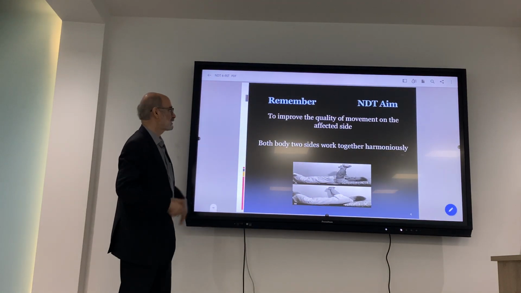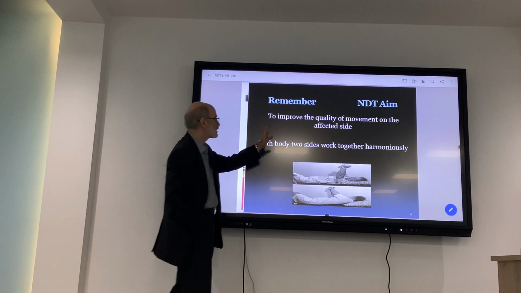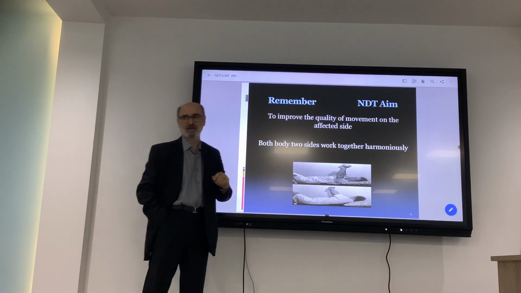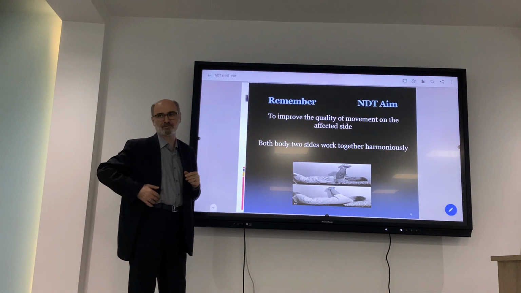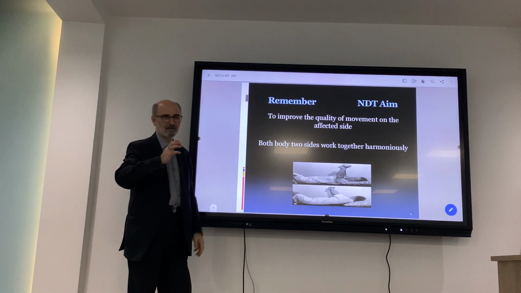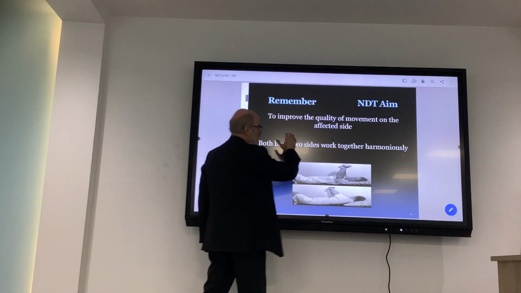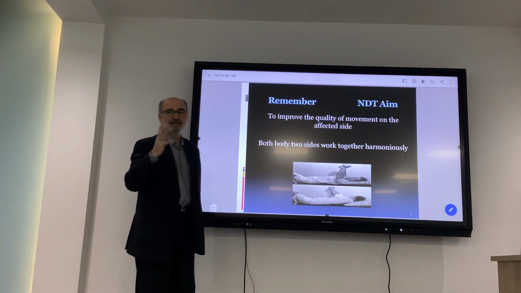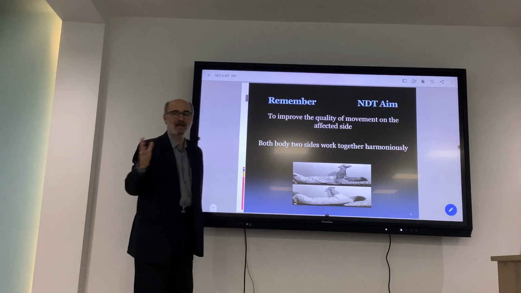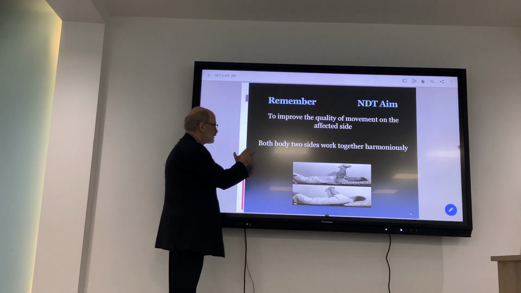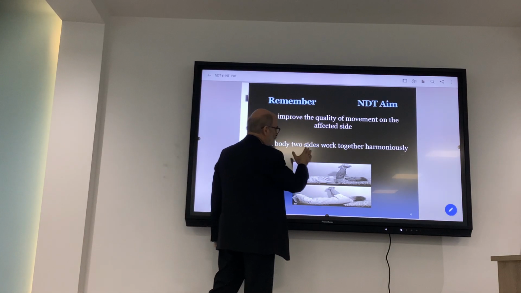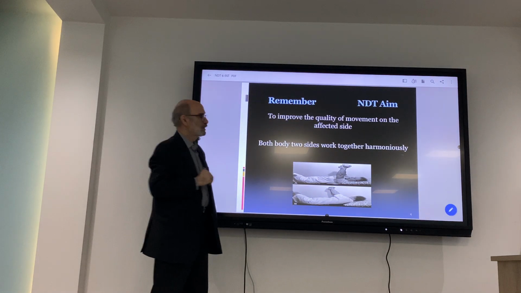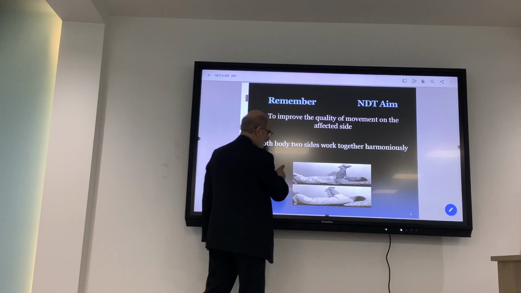Just to remind you, the aim is to improve the quality of movement on the affected side using the NDT approach. I again emphasize that the focus is on the affected side. This approach aims to help the patients with a stroke so that the two sides of the body work together coordinately or harmoniously.